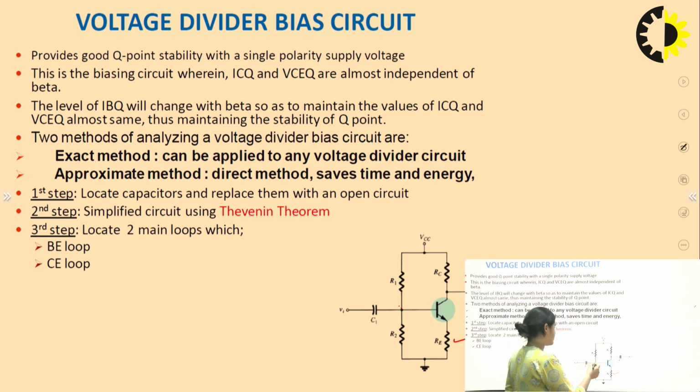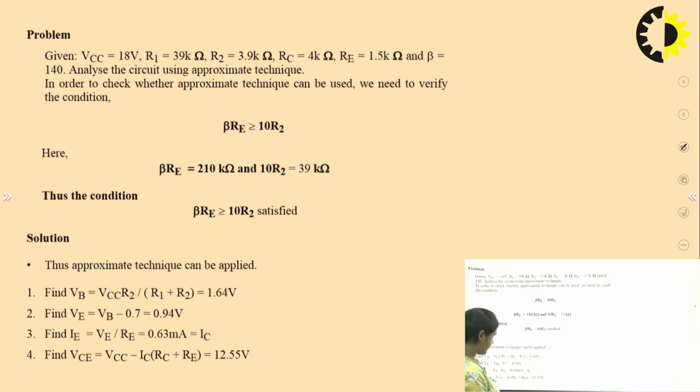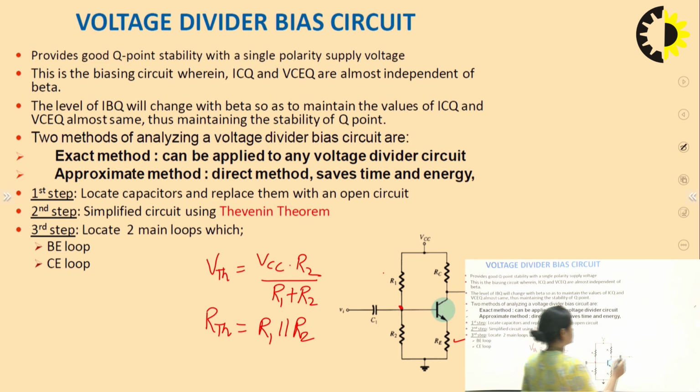And at this node, we can calculate the voltage using the Thevenin theorem, which is VCC into R2 upon R1 plus R2. This is how we can calculate the value of this voltage, and the equivalent Thevenin resistance can be calculated as R1 parallel R2. So the resultant circuit will be designed like this.